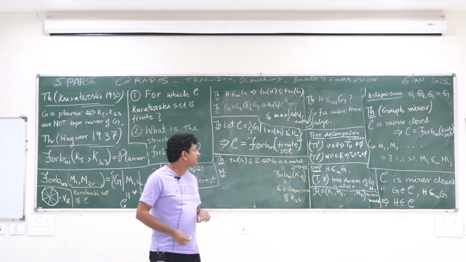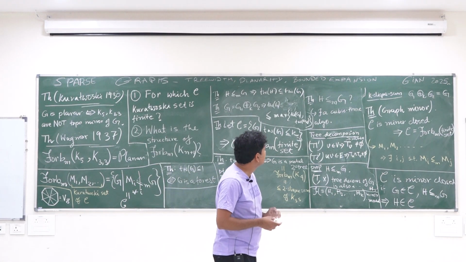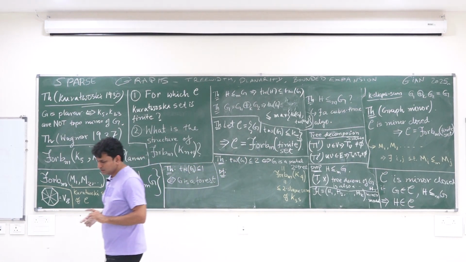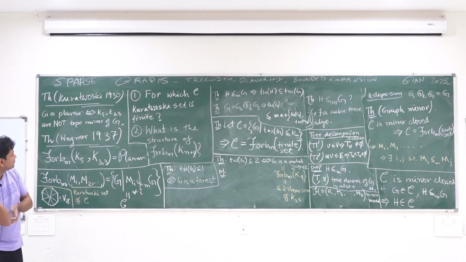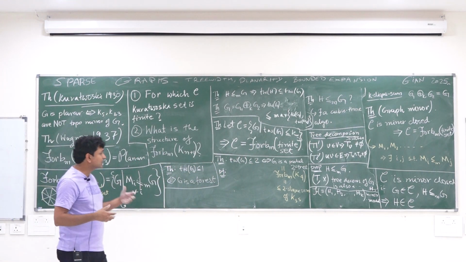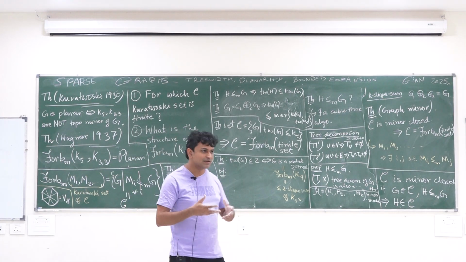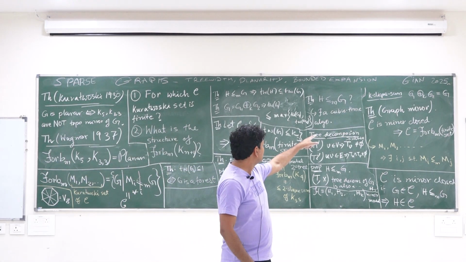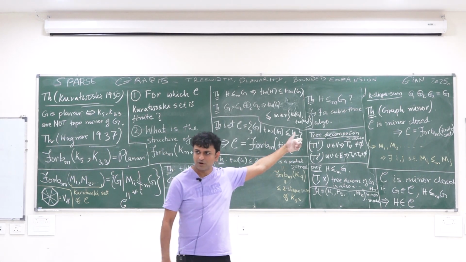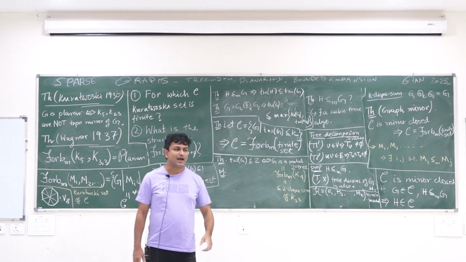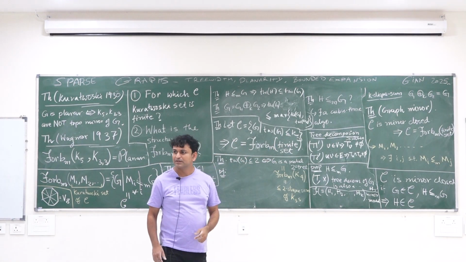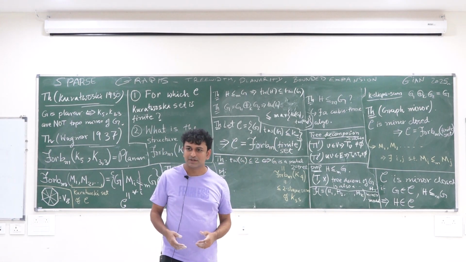So what we did is we kind of said that these minors matter, because one big reason is the Robertson-Seymour theorem and the algorithm associated to it, that you can calculate these things easily.